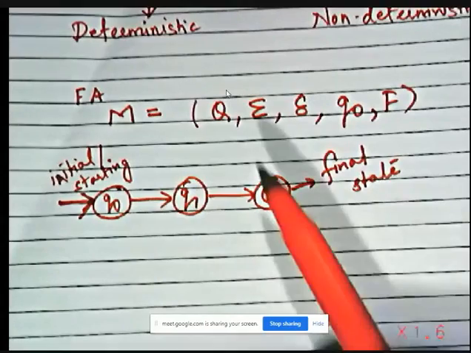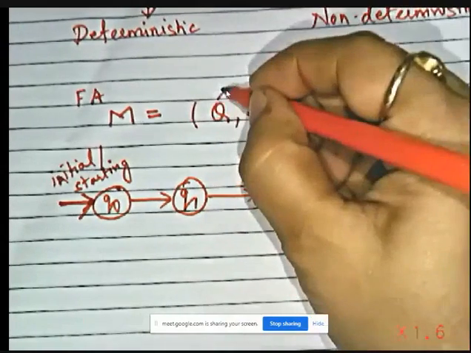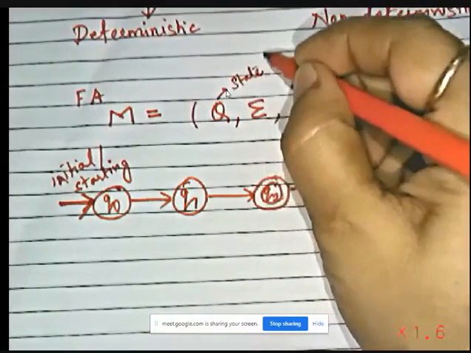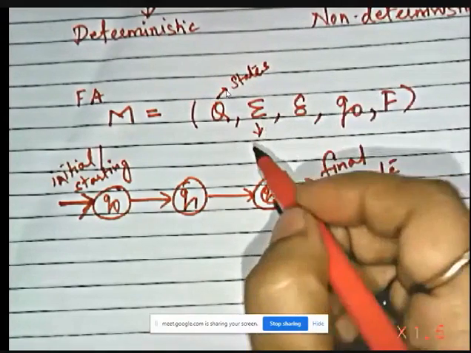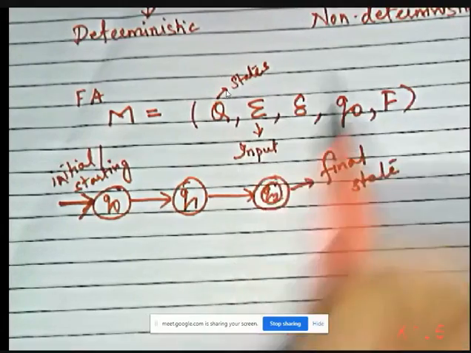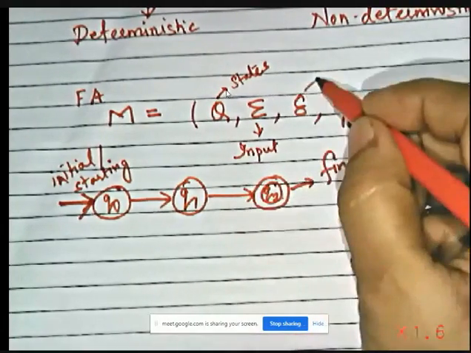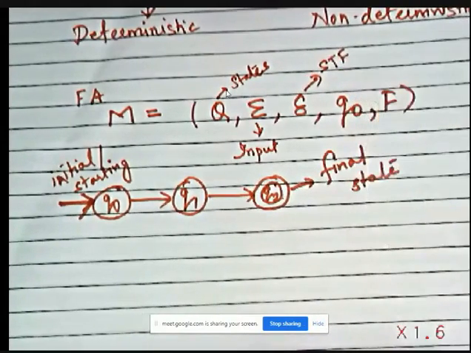In the last lecture we saw that Q represents the finite set of states. So Q represents states. Sigma, which is the alphabet, represents input. Then delta represents the state function.